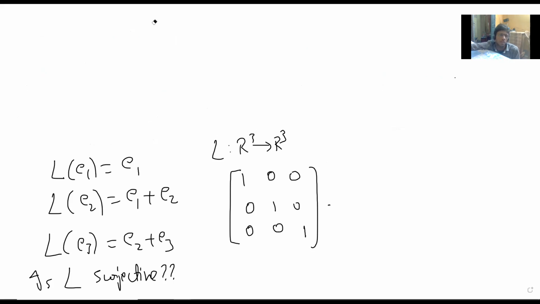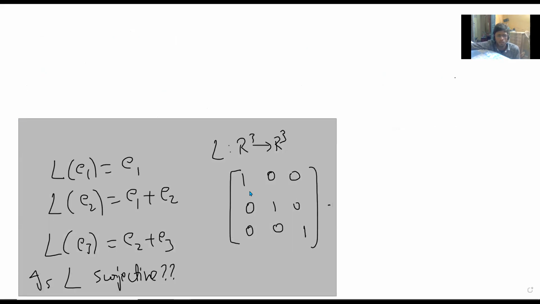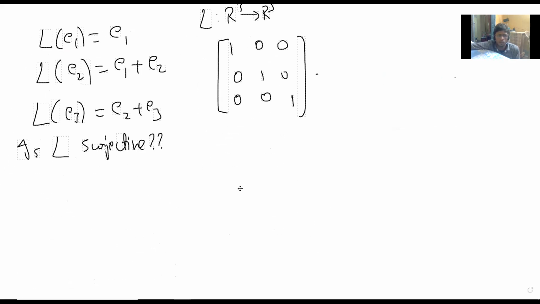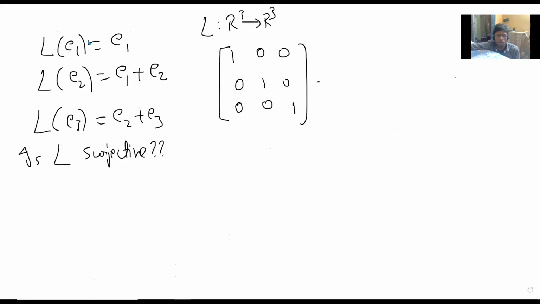Yes, we want to show L is surjective. Not injective. So we will show that L is injective.